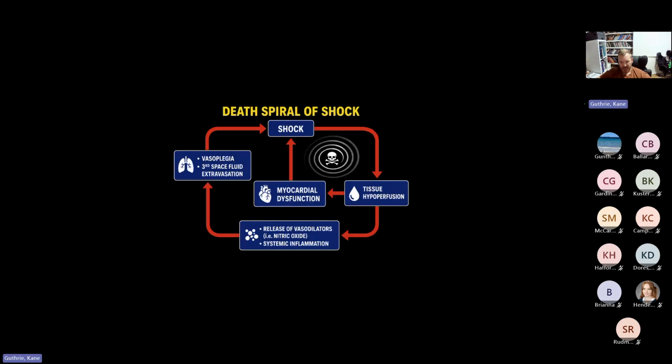They get in this spiral where they're shocked, you get tissue hypoperfusion, the heart goes, and you get this release of vasodilators, the main one we see being nitric oxide, which is a potent vasodilator, and added to the systemic vasodilation, this is when they get really vasoplegic. Okay, we need to start reaching for some really hard-hitting vasopressor agents that are going to try and decrease all that nitric oxide production that's going on.